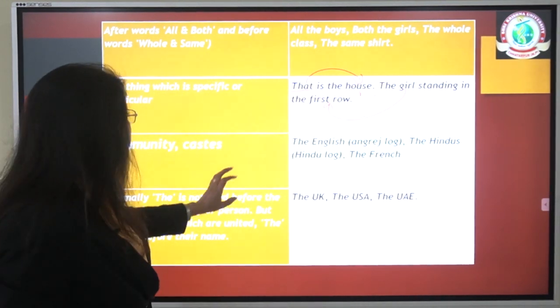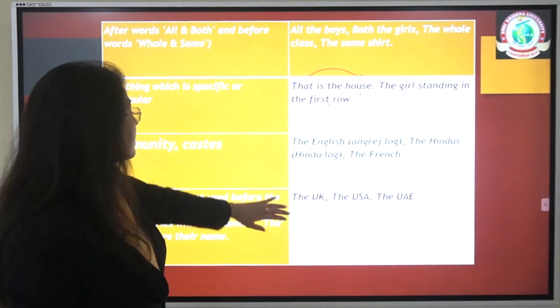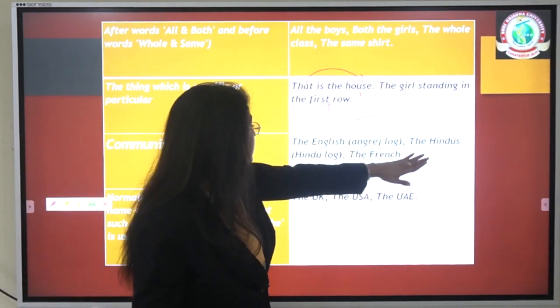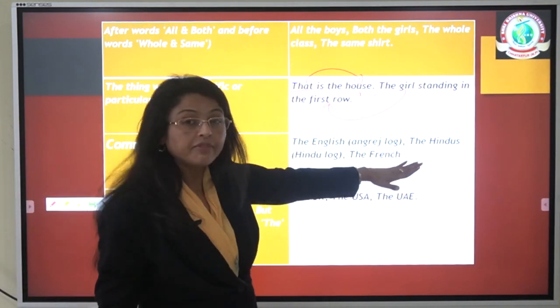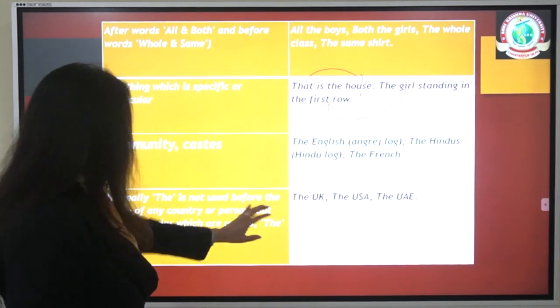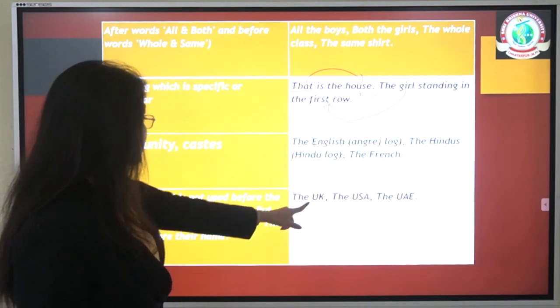Coming on to the community, caste, language, community, caste, anything. The English, the Hindus, the French. Clear? So normally the is not used before the name of any country. Exceptions are these.